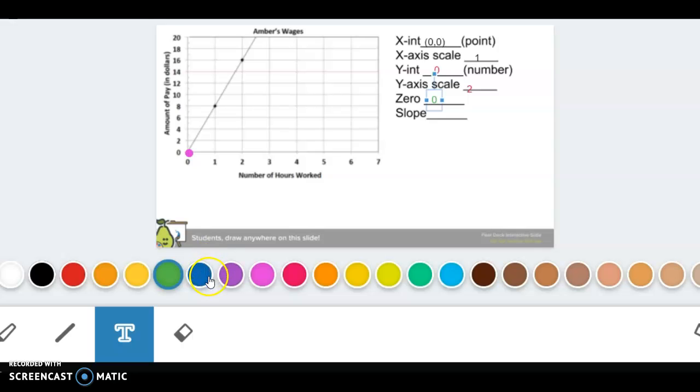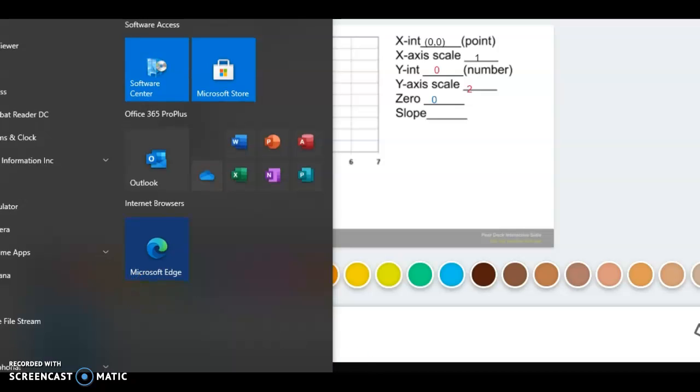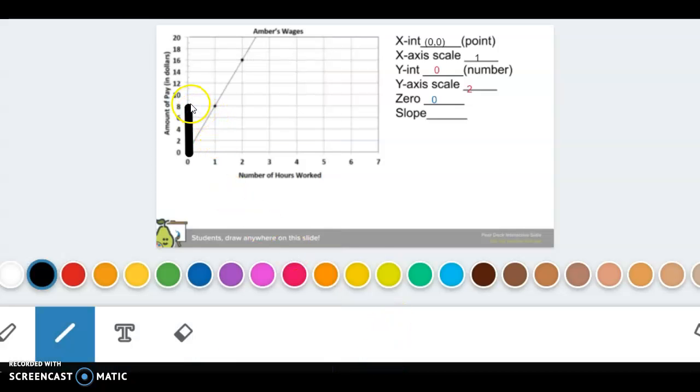And the slope of this one, I'm going to go ahead and change it to pencil, change the size. Remember we picked 2 good points, so I'm going to go up here to the 8. I'm going to go right 1. If I counted those, how I showed you how we did the arches, I would say 1, 2, 3, 4.